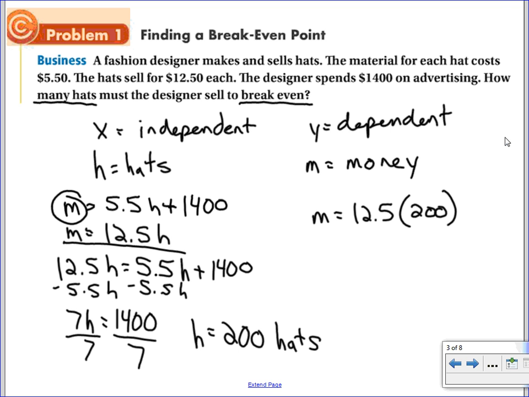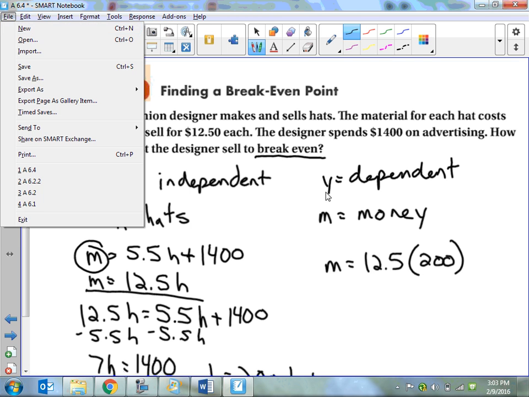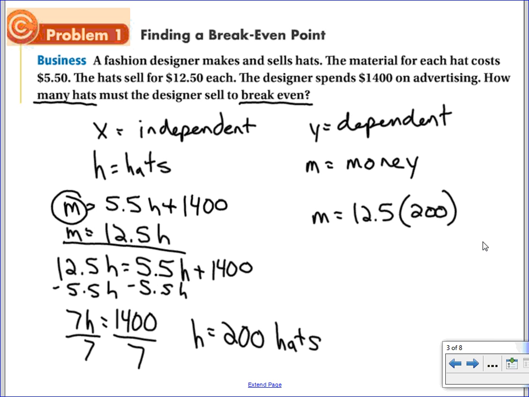If we take 200 times 12.5, we get $2,500. So basically, it costs $2,500 to kickstart this, and once you sell $2,500, that's your break even point. Once you sell 200 hats, that'll be $2,500. That'll be your break even point, and any hat after that, you'll be making money.